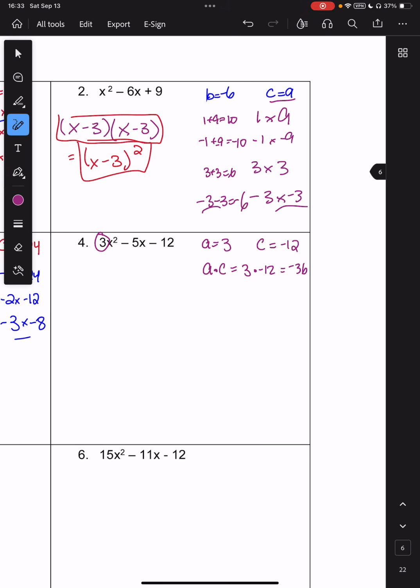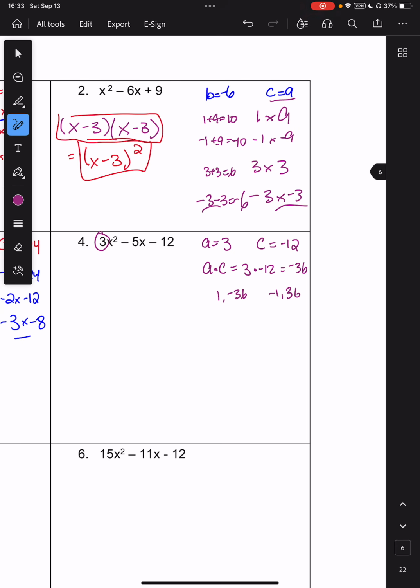So for negative 36, we have 1 and negative 36, negative 1 and 36, 2 and negative 18, negative 2 and 18, 3 and negative 12, negative 3 and 12, 4 and negative 9, negative 4 and 9, and then we have negative 6 and 6.